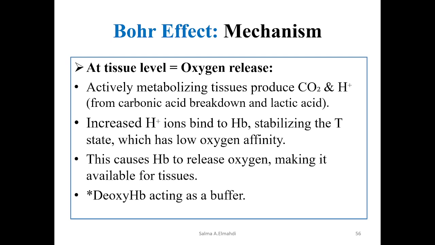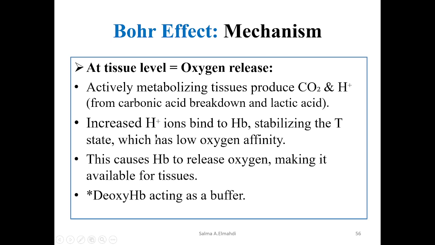The mechanism of the Bohr effect is quite simple. You discuss it at the level of the tissue and at the level of the lung, where the two factors function. At tissue level, you need oxygen release. At tissue level, you want your hemoglobin to release its load of oxygen to give it to the metabolizing tissues. Actively metabolizing tissues, of course, produce carbon dioxide and protons from carbonic acid breakdown and lactic acid.